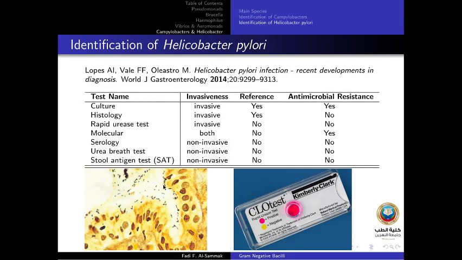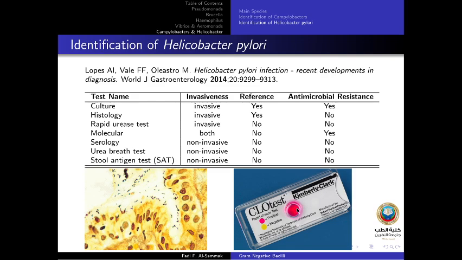You can see here this is the stomach, a part of the antrum, and these are epithelial cells, and we saw on the mucosal surface the microorganisms, those dark stained, and these are the spiral or helical shaped microorganisms living in the mucus layer. So they are non-invasive, they are living in the mucus layer.